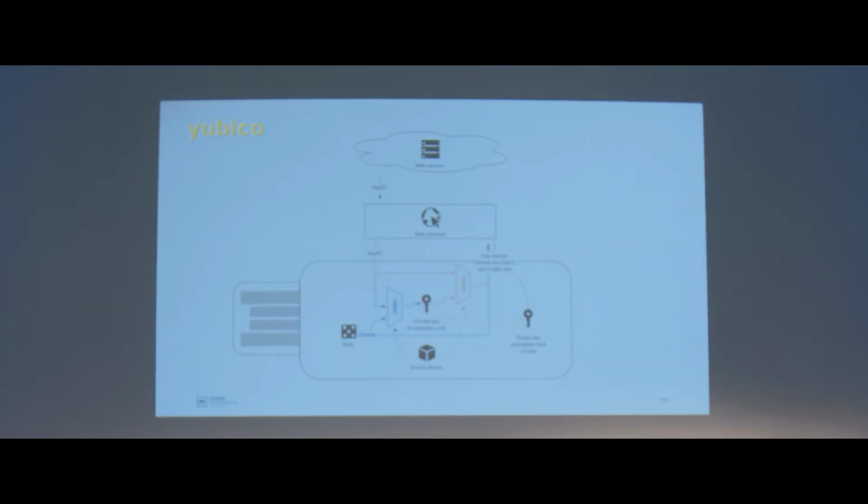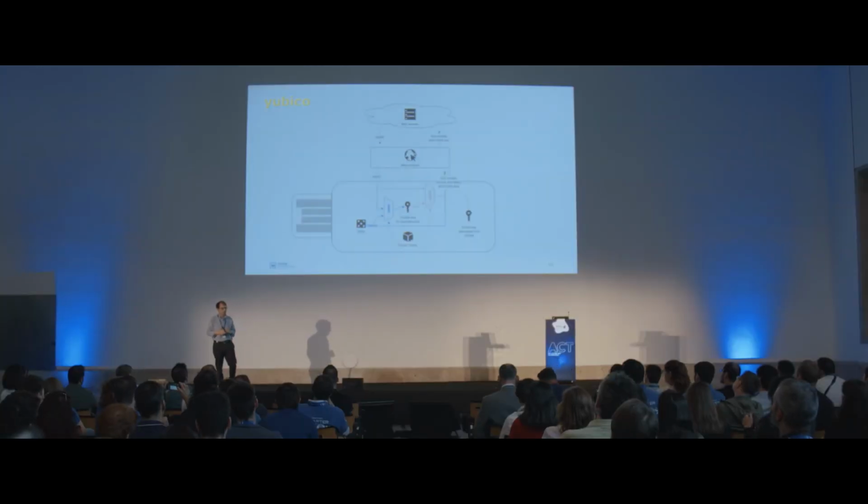We don't see the secret because it's generated with the nonce altogether, and the public key is sent so that the web server is able to encrypt the information with the public key we have.